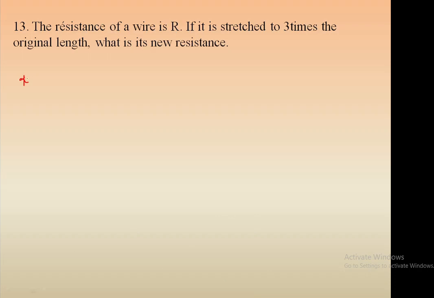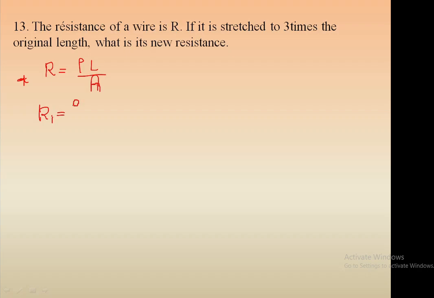Here we know capital R is equal to rho L by A. Now this is our initial value of resistance with the length L and area of cross section capital A. Now if the length is increased to the new length, let us take this as L1, and the new area of cross section is A1. So in that case, let us denote by R1 the new resistance.